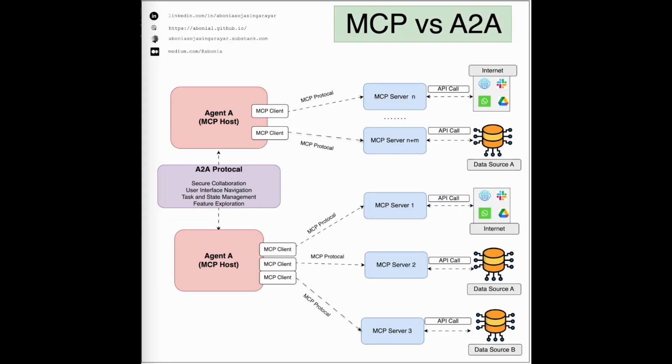So what is MCP, Model Context Protocol? It's a standardized way for AI agents like LLMs to talk to external APIs, databases, and services. Imagine if every tool, API, and database spoke a different language. Integrating them all into your LLM would be a nightmare, right?